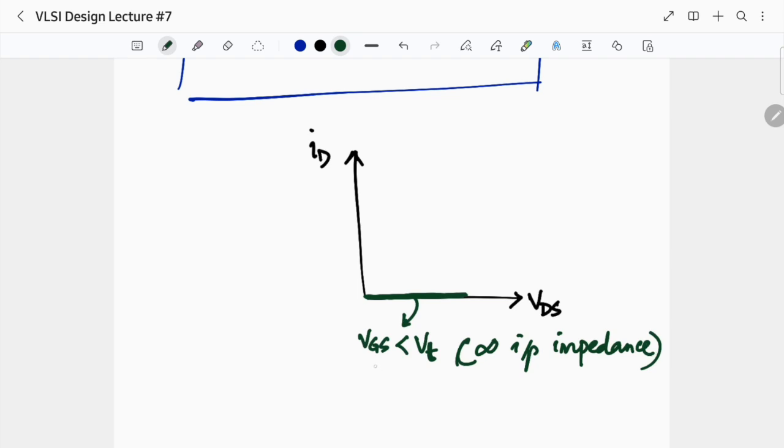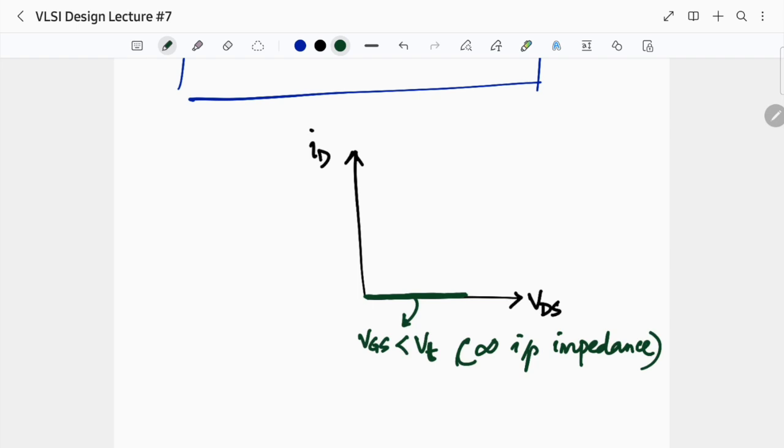So when VGS is less than VT, there is infinite input impedance. If the resistance is infinity, will you get any kind of current flow? No. So that is why at this point our current is on the x-axis.